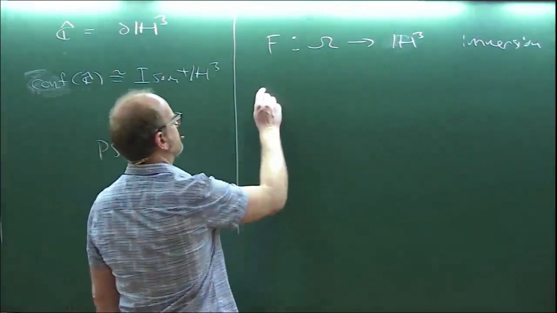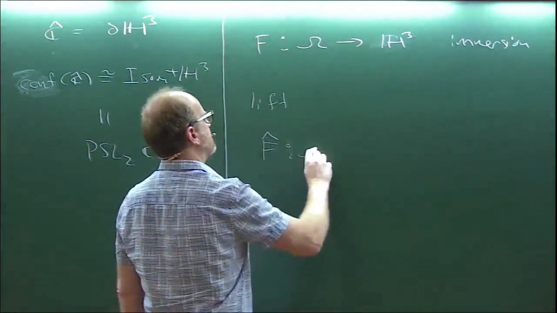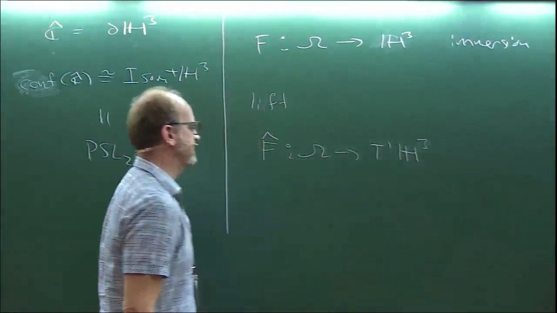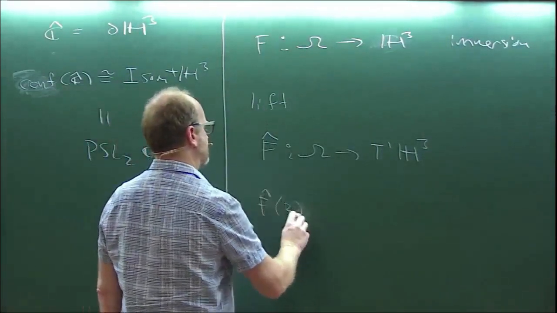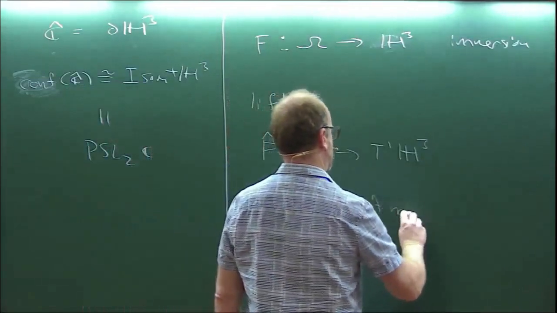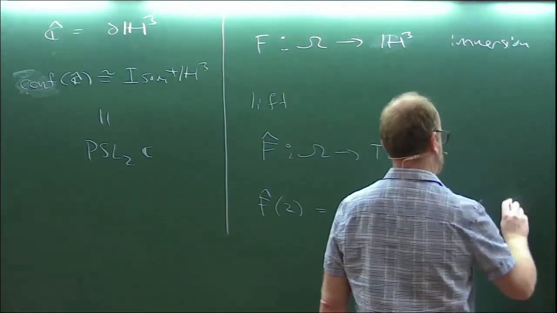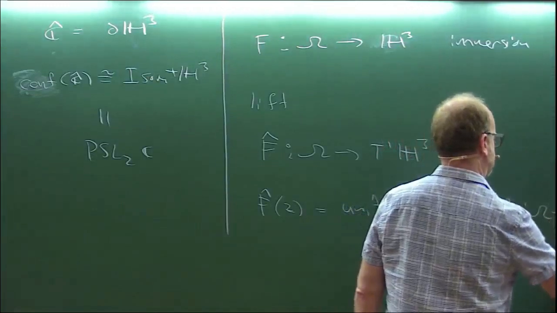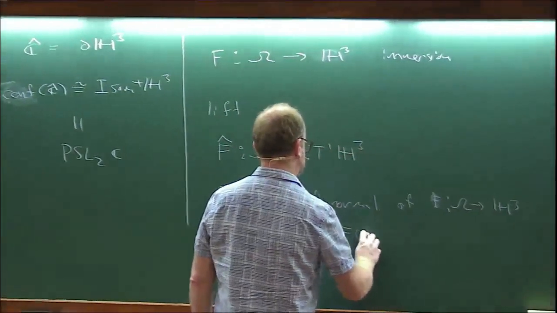And we can lift to a map from omega to the unit tangent bundle of H3. And all this is doing is that f hat of z is equal to the unit normal of the immersion at the point z, at f of z.